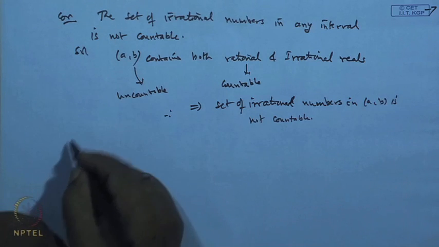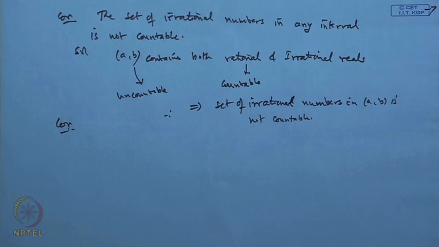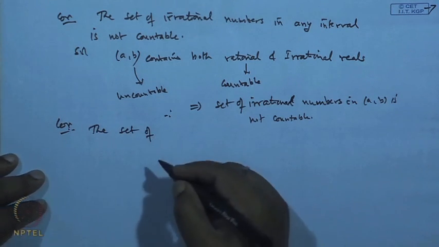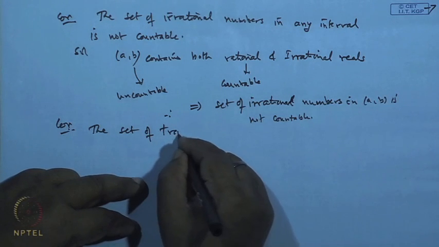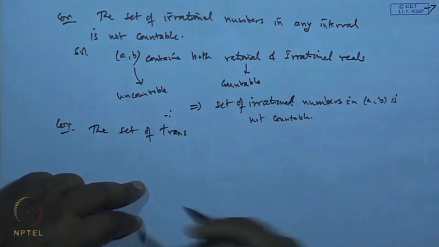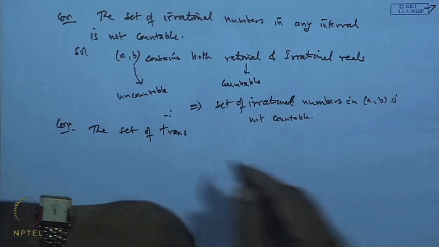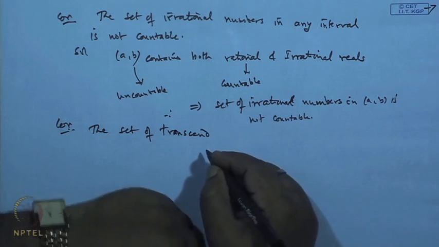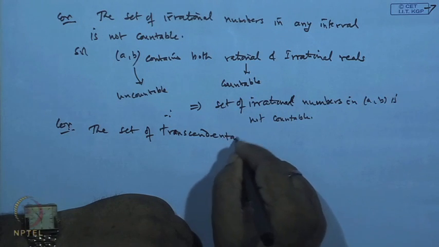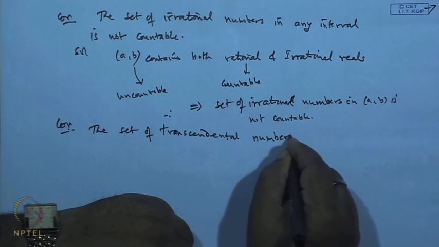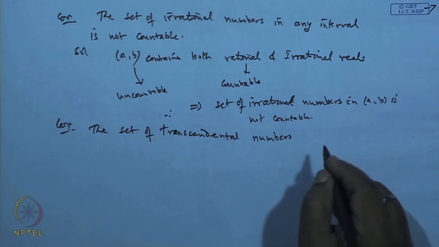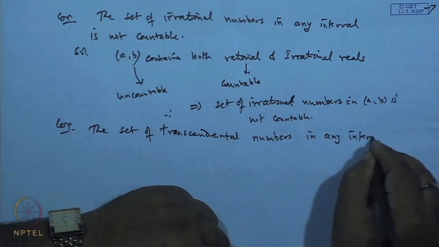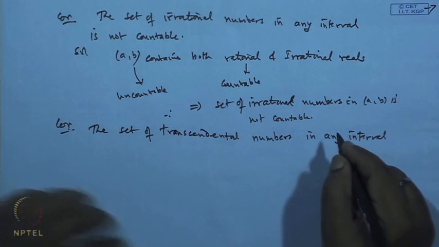In the same way we can also write this corollary: the set of transcendental numbers, which are not algebraic numbers, in any interval is not countable.